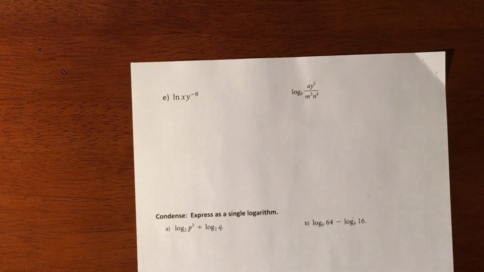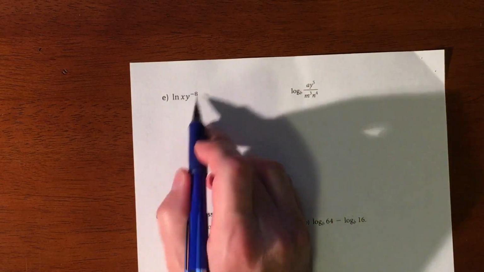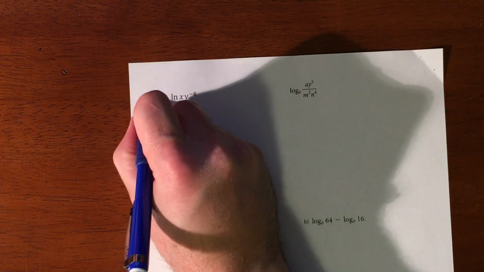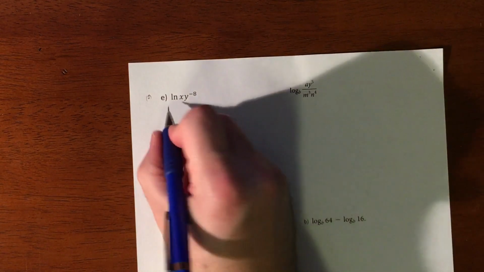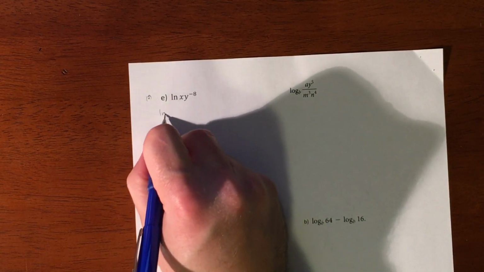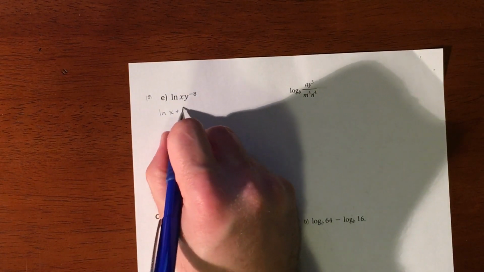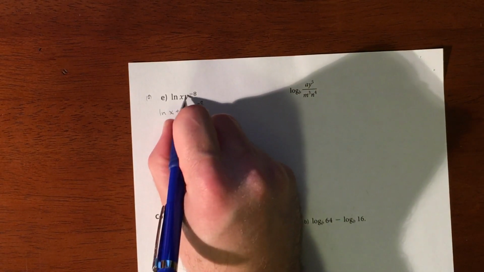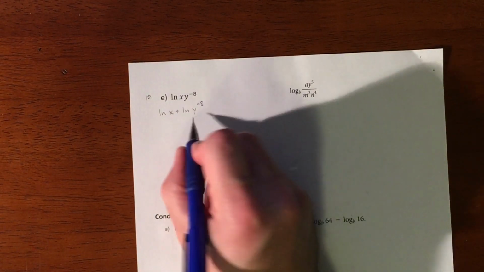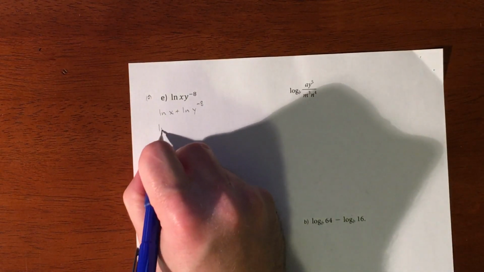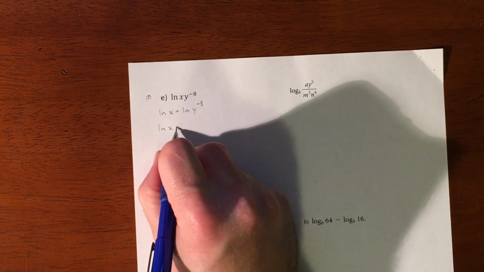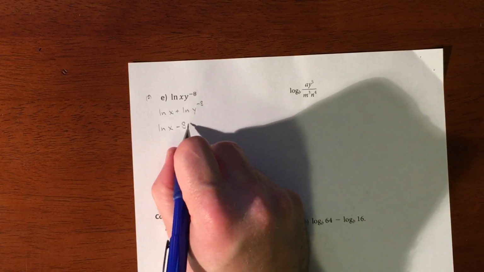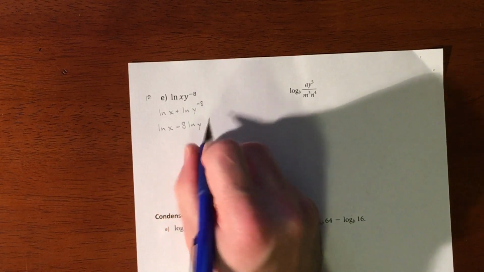So we have 2 more. We have 2 pieces here, so I'm going to have 2 individual logs. That's going to break into the natural log of x plus the natural log of y to the negative 8. There's no division, so that's going to just stay on the top, and then I pull the exponent off. So the natural log of x minus 8 natural log of y.